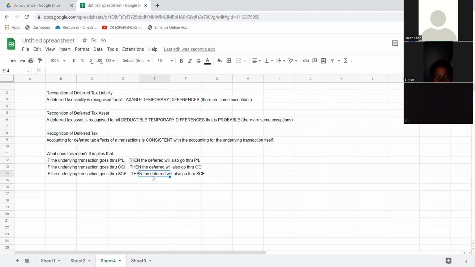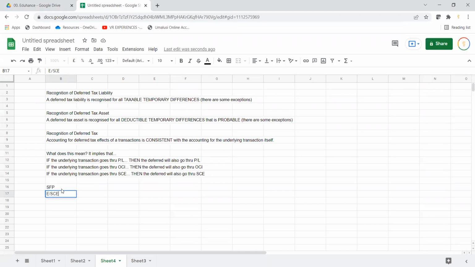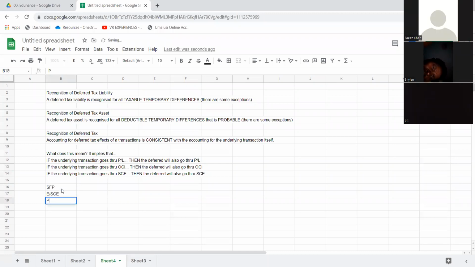Very, very important. Remember, when we put a journal entry, we always say SFP, equity, or some of you would say SCE. We always say P&L, or we always say OCI. If I can use the term loosely, when we look at it from a balance sheet point of view, it will be SFP.